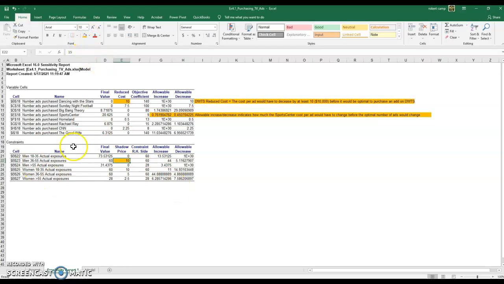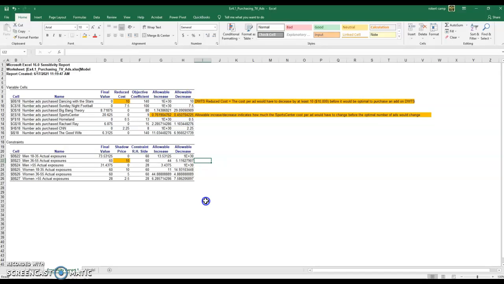Let's look at shadow price, and we'll do it for the men 18 to 35. The shadow price is all talking about how much things would change with the objective. So if the company were to relax this constraint by 1, which would be 1 million exposures, the objective value, which in our case is the cost, would decrease by 15.